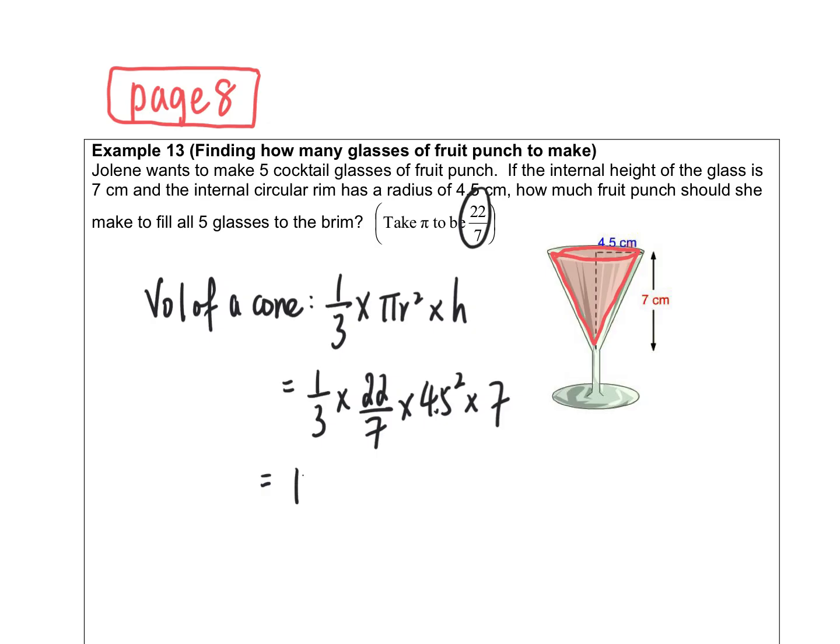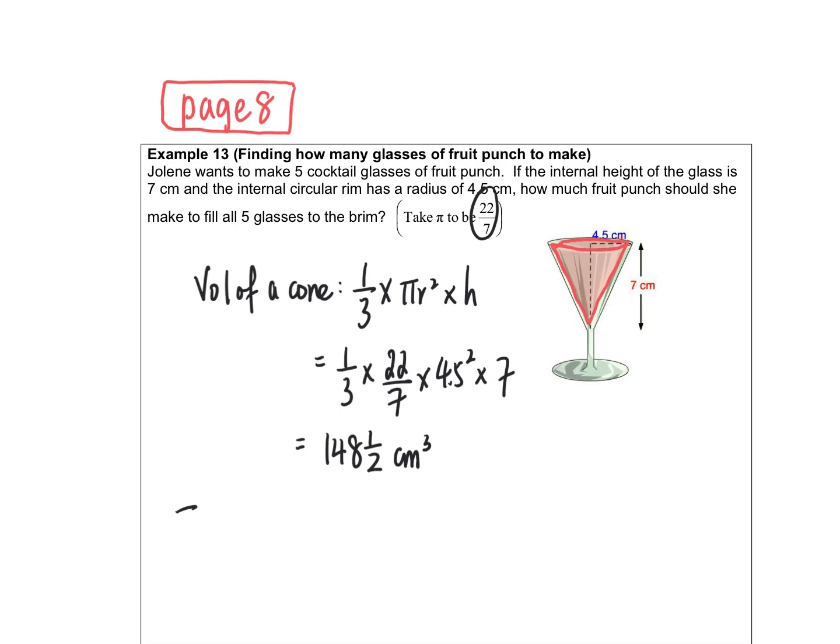So you can give me the answer to be 148.5 cm cube. This is for one glass. So I want total, which is 5 glasses. So 148.5 times 5. So this is the total amount of fruit punch I need.